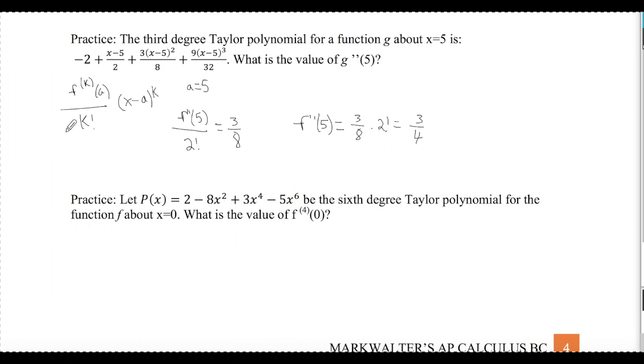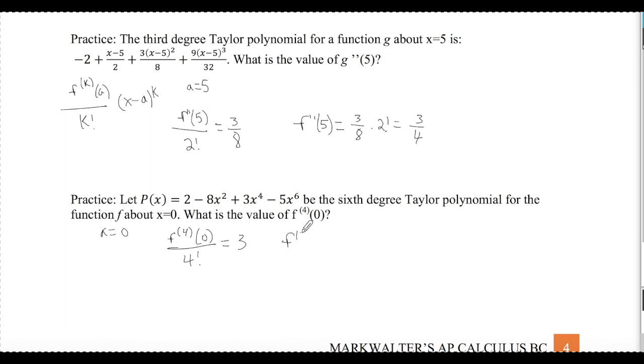Again, I'm looking for my formula up here. A appears to be 0 in this case. So I don't have x minus something because a is just 0. So what am I going to look at here? I want the 4th derivative. So my 4th derivative of f at 0 over 4 factorial is going to be equal to, I'm ignoring my x power part, is just equal to 3 in this case.